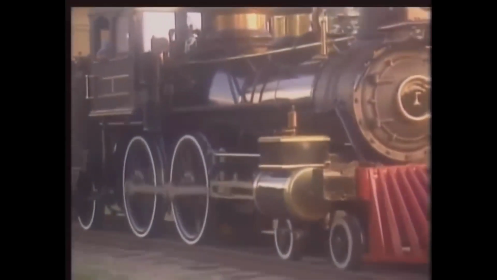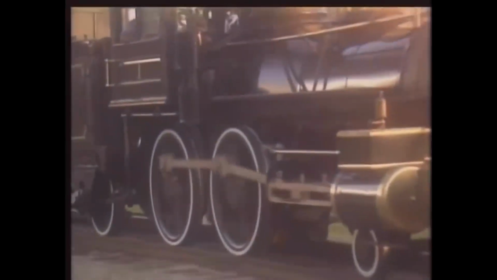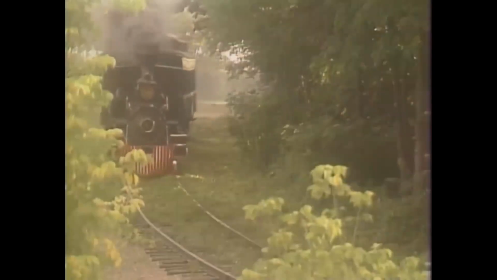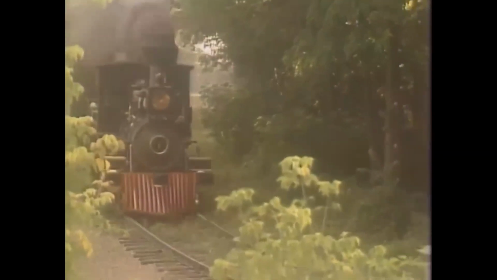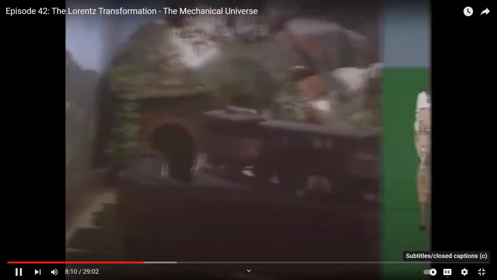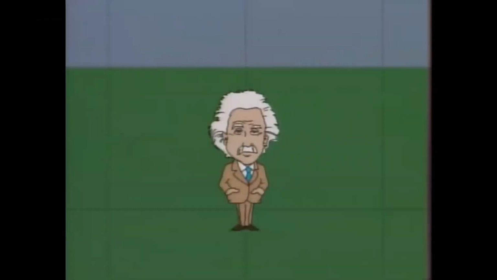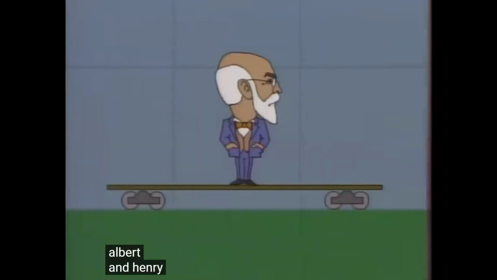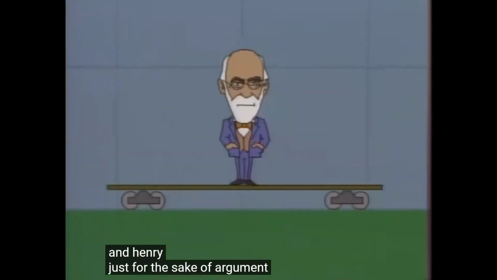But Lorentz said that perceptions of light waves would be radically different. He suggested that even someone traveling at nearly the speed of light would still observe light moving at 300,000 kilometers per second. How could that be? Consider two observers in relative motion. In this case, Albert and Henry, just for the sake of argument.